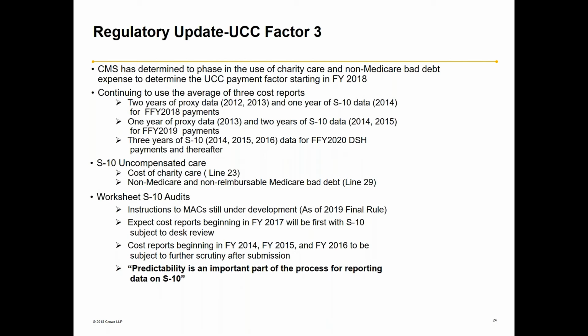So audits, reviews of this started last year and really go as of 2019's final rule. The instructions to the MACs are still under development as far as how they're auditing this information.